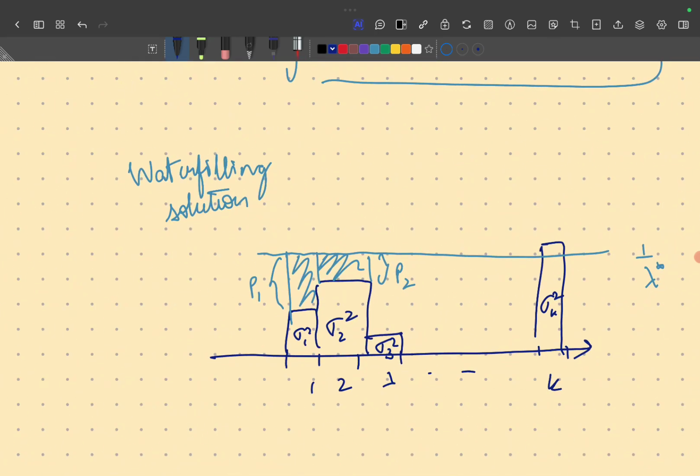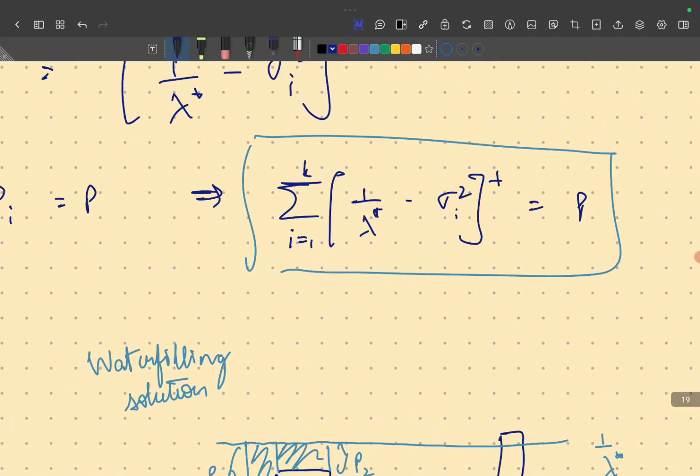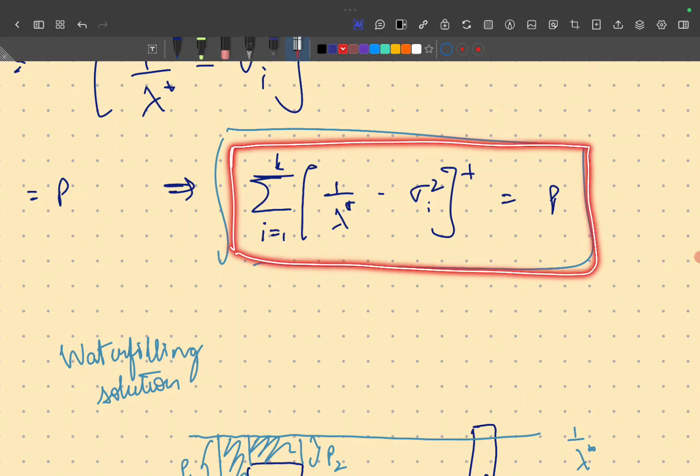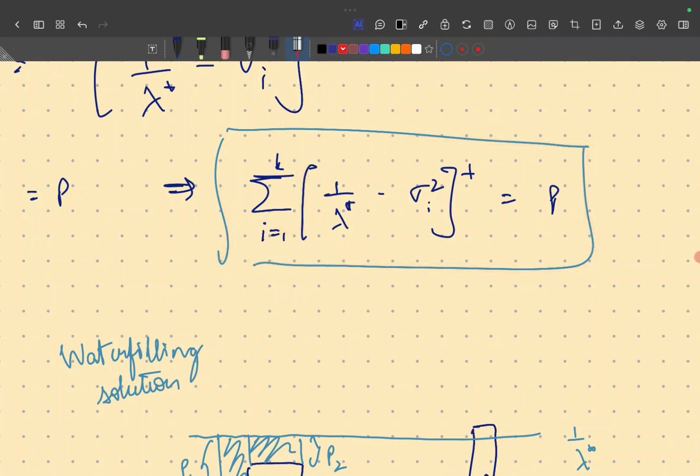So you need to have information about all of the sigma i squares to decide this 1 by lambda star. So you choose 1 by lambda star based on this condition: the sum of all of these terms should be exactly equal to P.